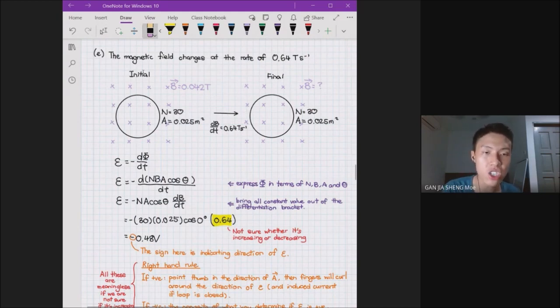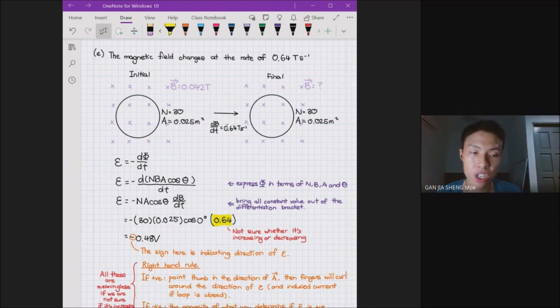So it's not an initial and final situation anymore. They just tell that in between. So as time passes, this is how the magnetic field will change. For every second that has passed, the magnetic field will change by 0.64 Tesla. Whether it's increased by 0.64 Tesla per second or decreased by 0.64 Tesla per second, we don't know.